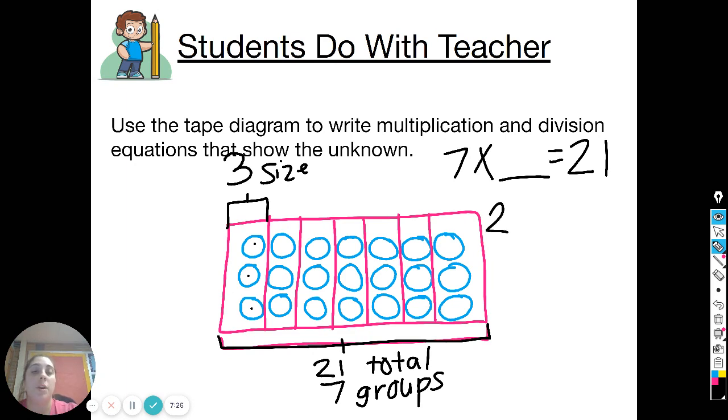We knew there were 21 pieces of paper total. They were divided into 7 groups. So how many did that equal per group? Well, once we drew our tape diagram, we were able to figure out that 7 groups of 3 equals 21, and 21 divided into 7 groups equals 3 per group.